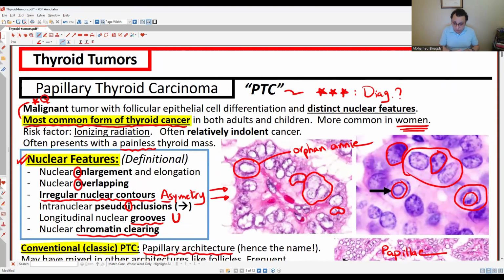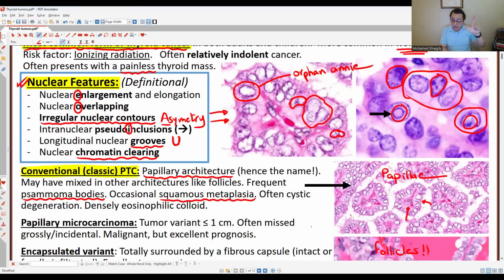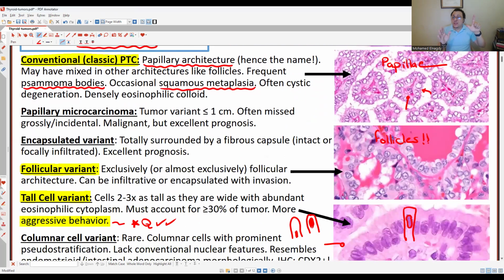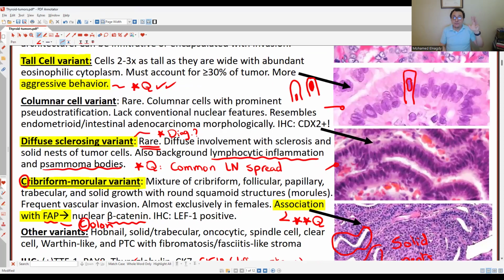So papillary thyroid carcinoma in brief. You need to know the papillary nuclear features, EAIOU, okay? You need to know that this is the most common thyroid cancer, and you need to remember some variants: the classic variant for the sake of histological diagnosis, and the tall cell variant, 2 to 3 times taller than width, because it's aggressive, poor prognosis.